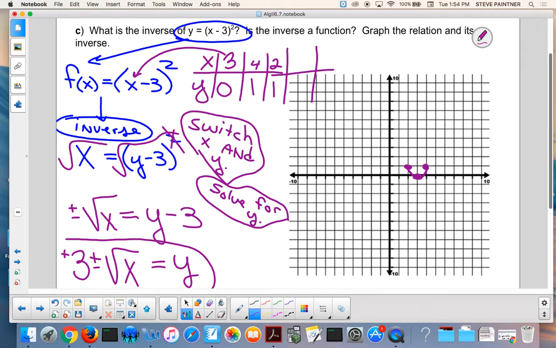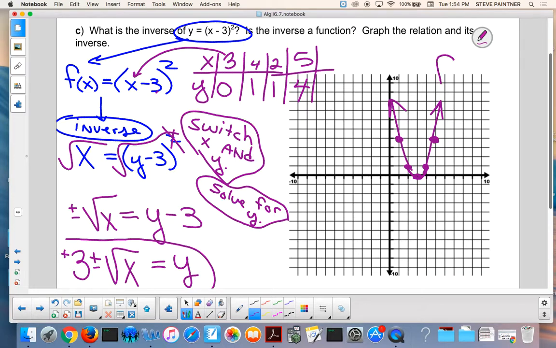Okay, give me just one more point. 5. Okay, try 5. 5 minus 3 is 2. 2 squared is 4. 5, 4 is here. And you should know you can mirror it over the axis of symmetry, so this one would be here. There you go. That is the function, f of x.